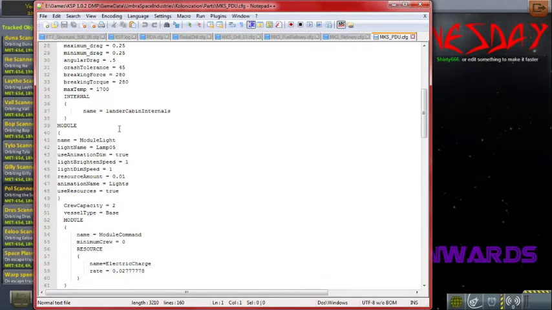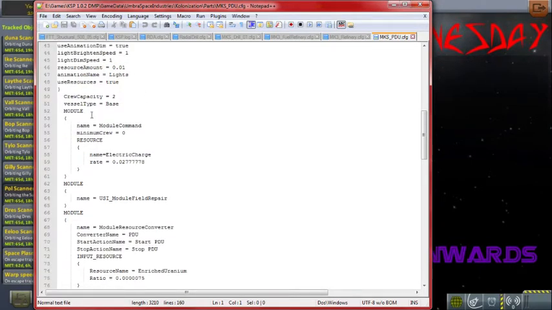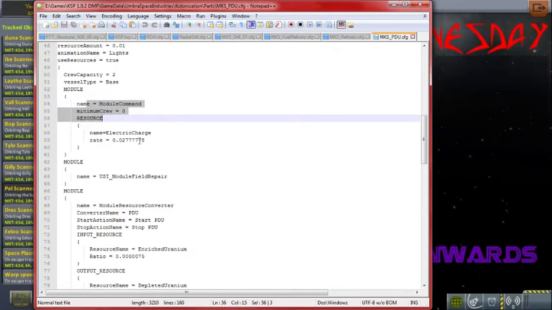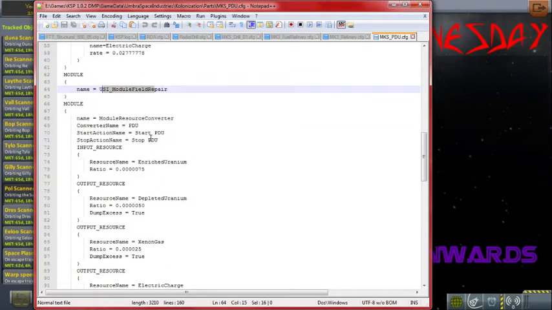So we've got an internal definition there. Okay, we've got a light. Wonderful. We've got crew capacities. Yep. We've got the command module in there. That's what it requires. We've got a USI module in there. Not quite sure what it does. Oh well.